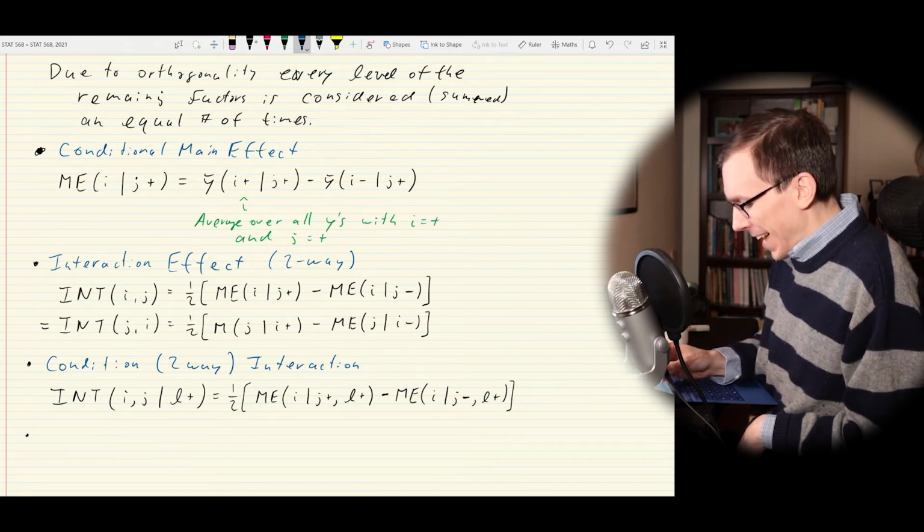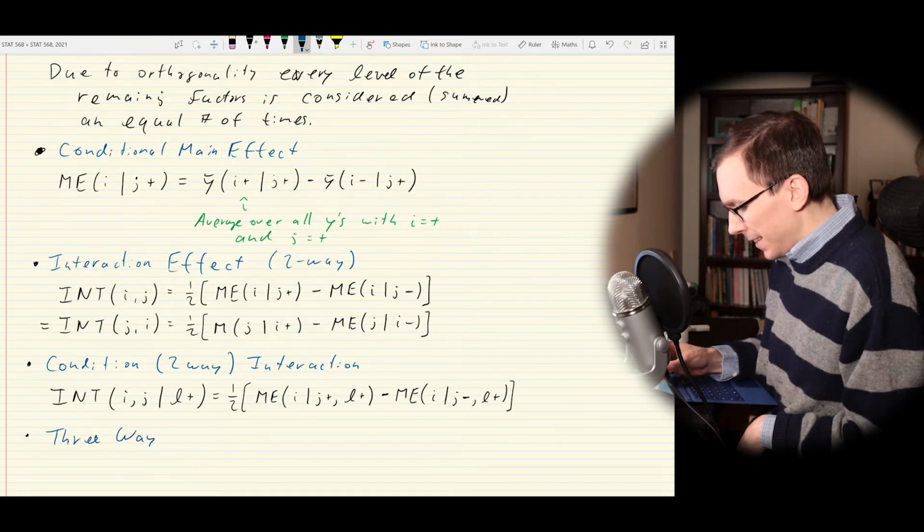Let's say we have the three-way interaction.